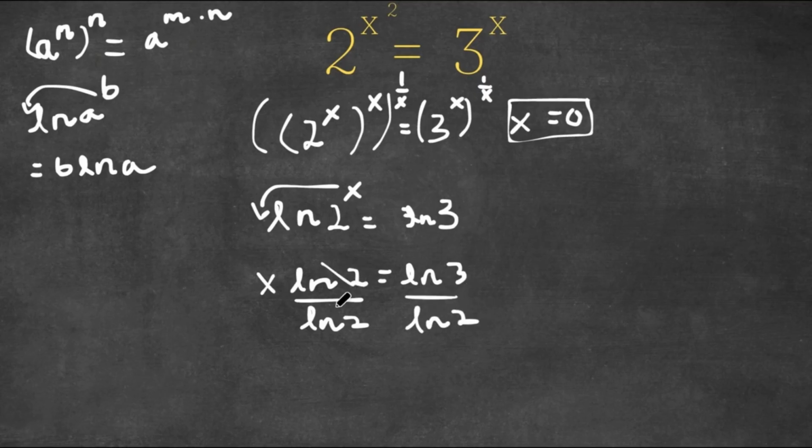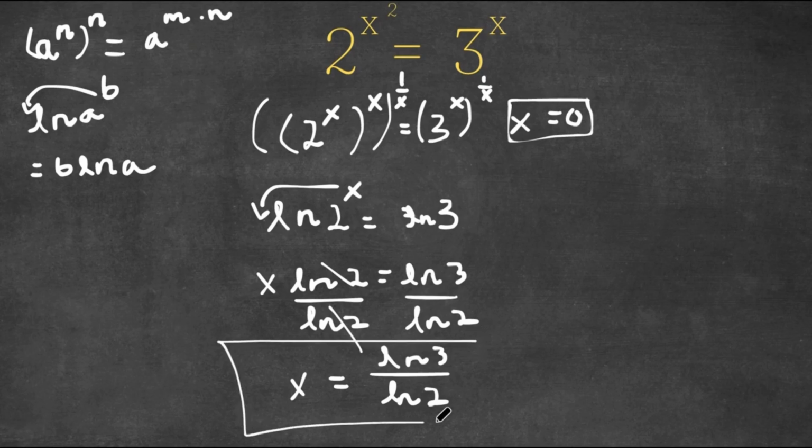Then these two cancel out, and I'm left with x is equal to ln 3 over ln 2. So this is our answer.